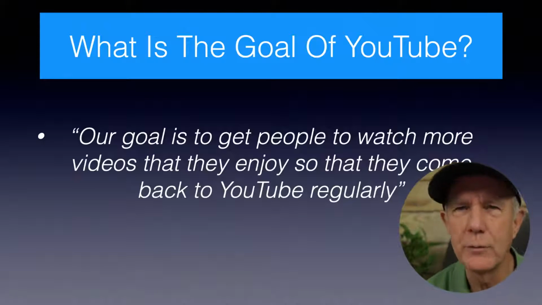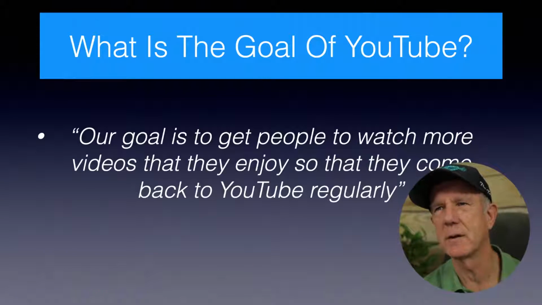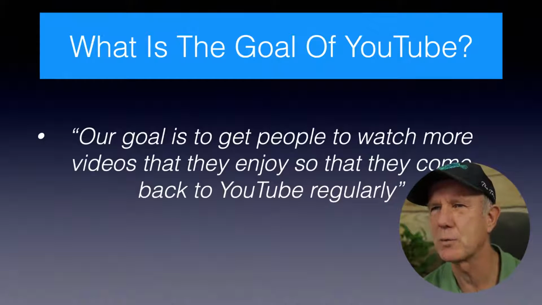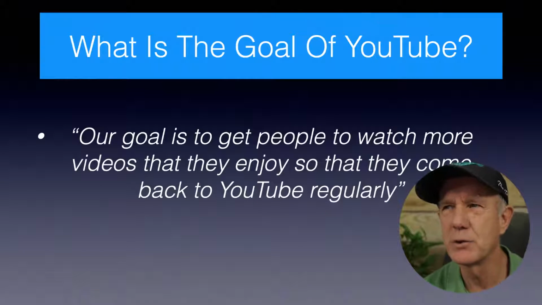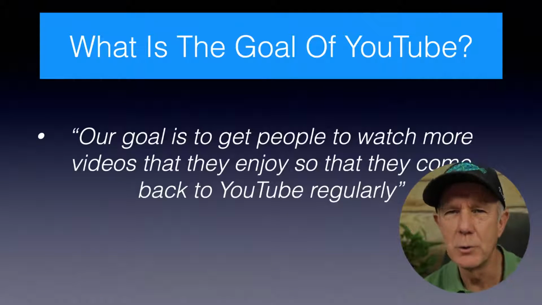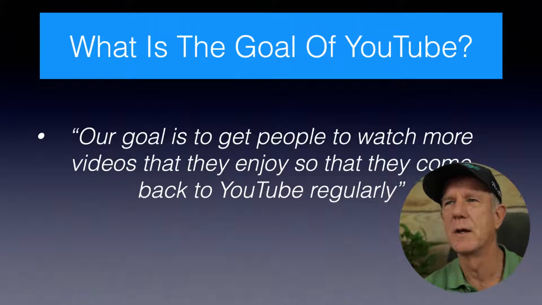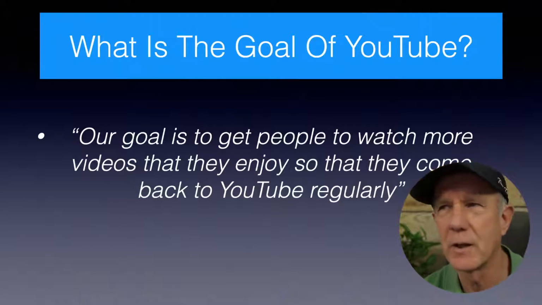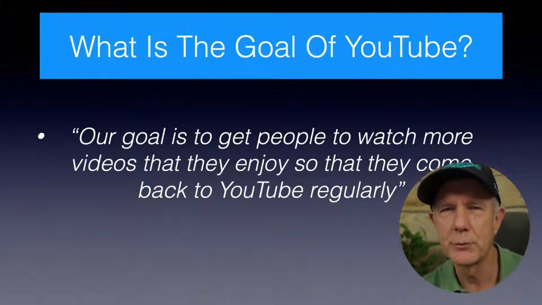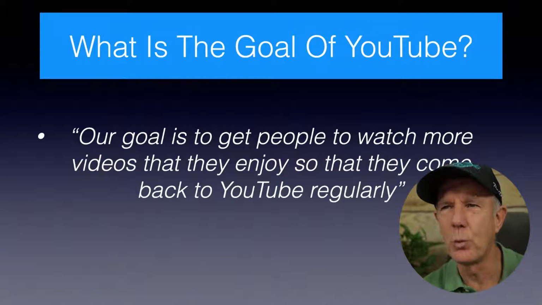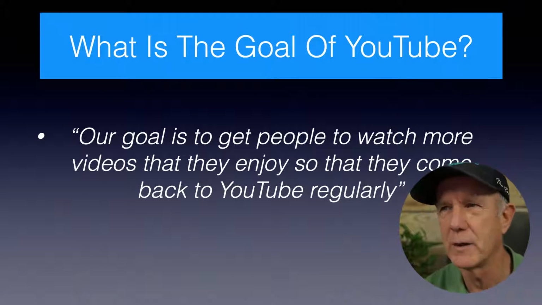YouTube says that their goal is to get people to watch more videos that they enjoy so that they can come back to YouTube regularly. So your goal then is to create videos, or create playlists, that people are interested in, so that through the playlist they can watch more than one solo video.